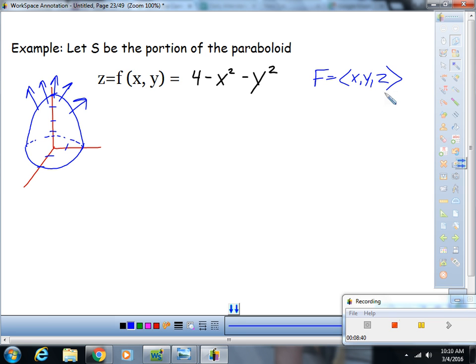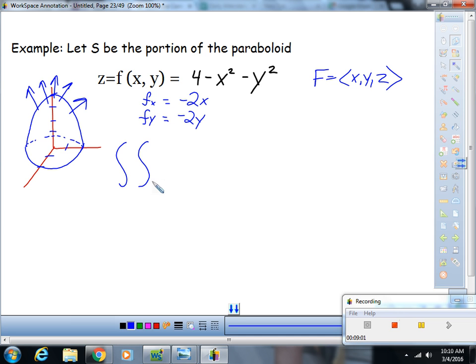Okay? So, what is f sub x? Negative 2x. And f sub y? Okay? So, we are going to integrate. Are you feeling the polars on this one?